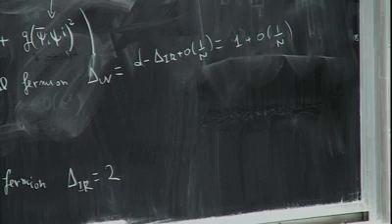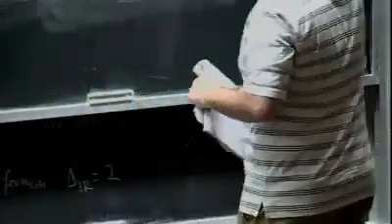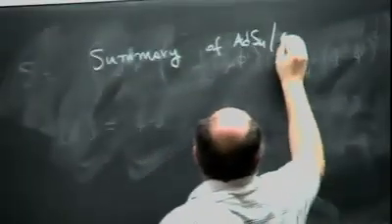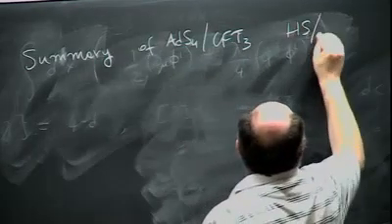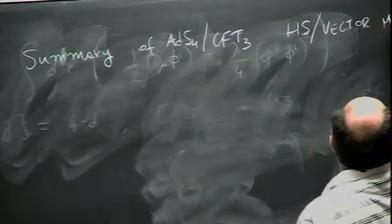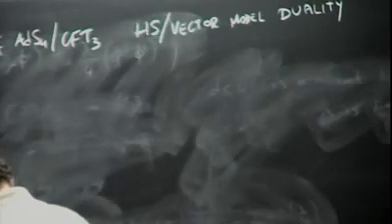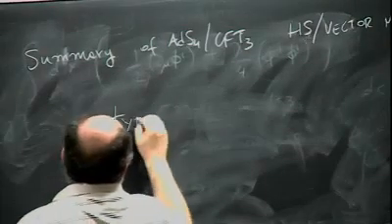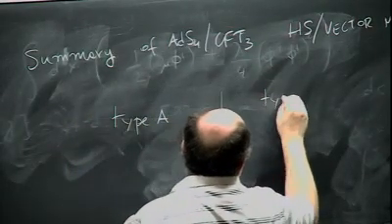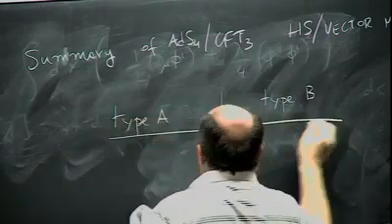let me summarize all this in a table. So we have two models, type A and type B. Those are the higher spin theories.